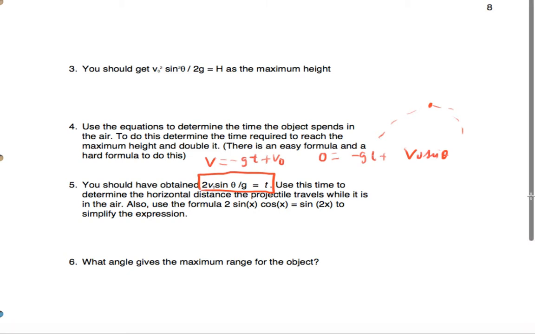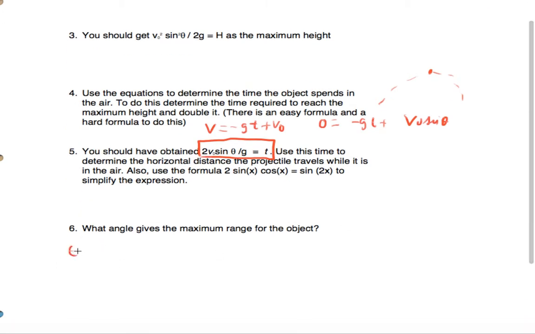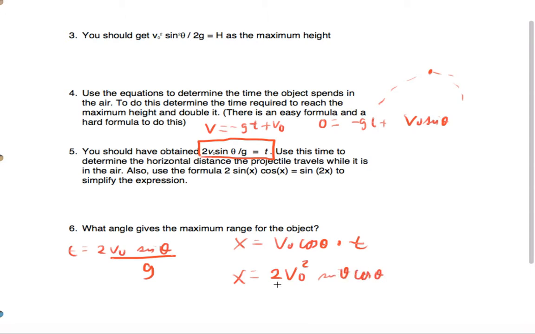And then finally, to get the maximum range, since we know that the time is 2 v naught sine theta over g, and we know the formula in the x direction is v naught cosine theta times time, because there's no acceleration, this is just rate times time, basically. We end up getting that the x formula for range is 2 v naught squared sine theta cosine theta over g.